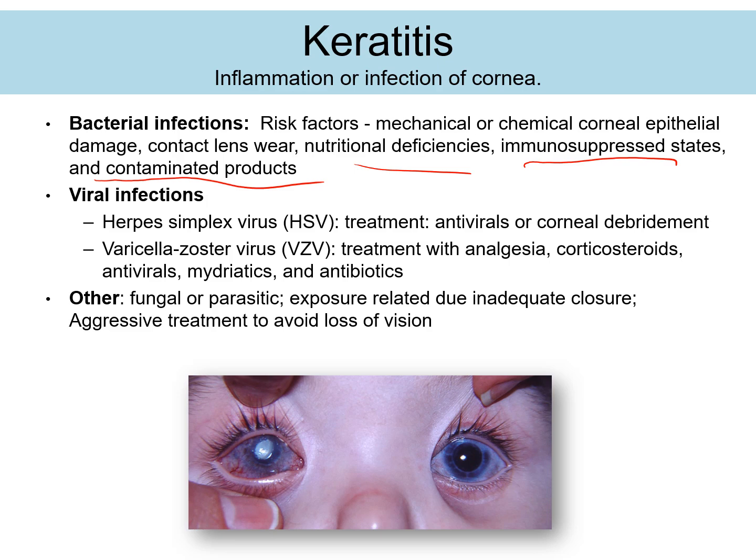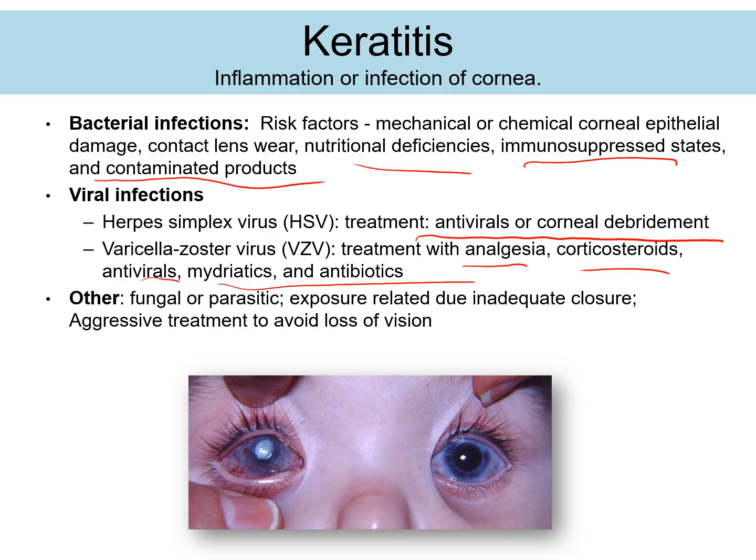So with this one, antivirals and corneal debridement. With this one, pain meds, corticosteroids, antivirals, mydriatics, and antibiotics. Okay, and other, it can be fungal or parasitic. It can be related to inadequate closure. Our eyelids protect our eyes.